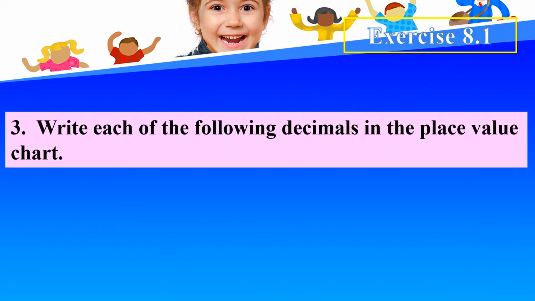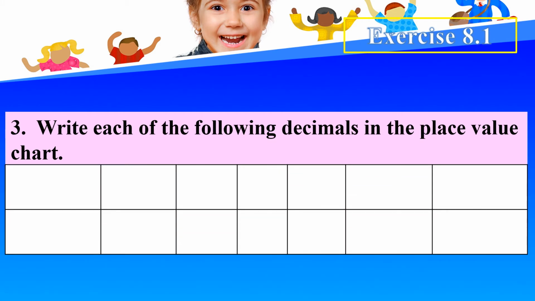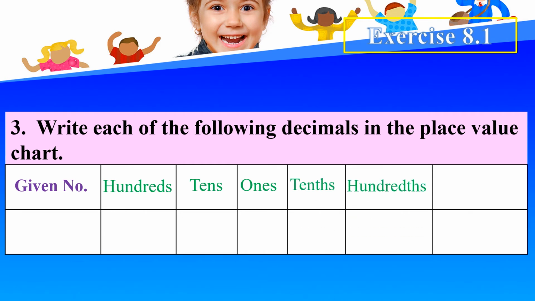The next exercise problem: write each of the following decimals in the place value chart. So, we need to draw a place value chart for the given problem. The places are ones, tens, hundreds, tenths, hundredths and thousandths.